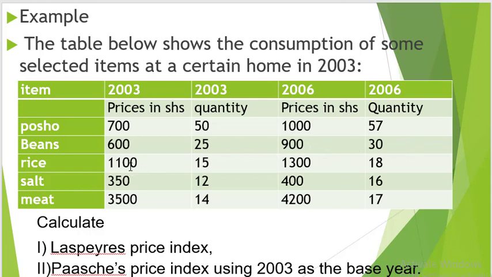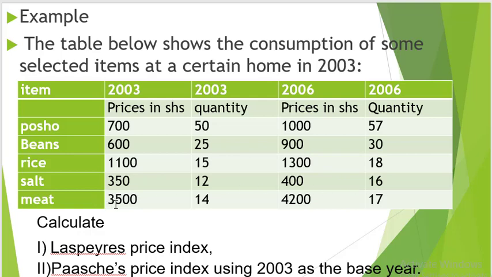Then rice, in 2003, it was 1100 and the quantity is 15. Then in 2006, it went up to 1,300 and the quantity is 18. And salt in 2003, it was 350, quantity is 12. Then in 2006, it went to 400 and quantity is 16.